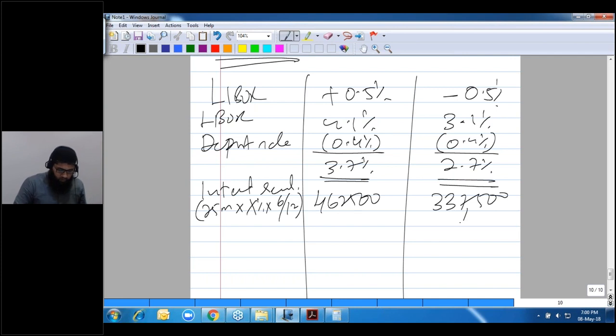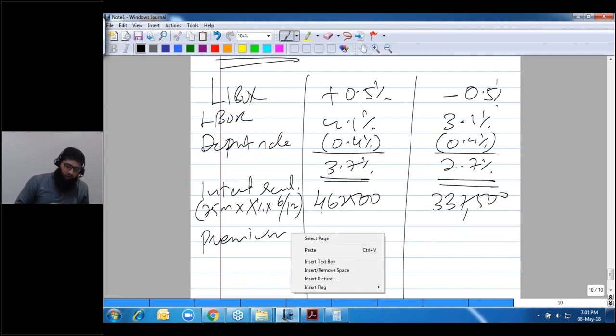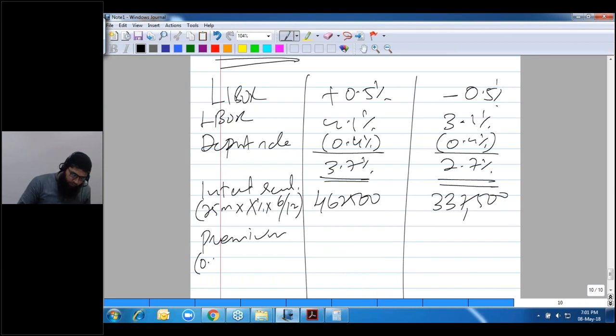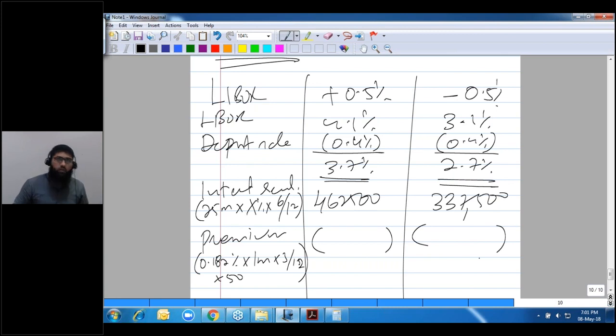Now, there is actually going to be the option premium. How much is going to be the option premium? 0.182% multiplied by 1 million into 3 upon 12 multiplied by 50, because we have 50 contracts.